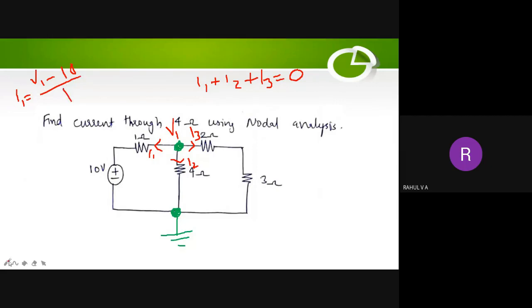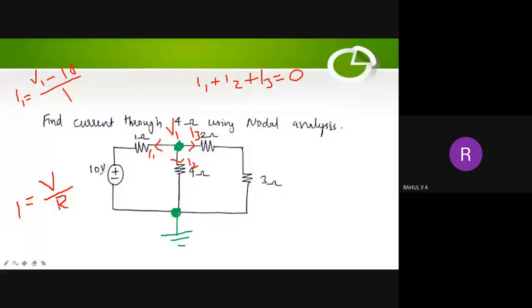We know that current is equal to voltage divided by resistance, and the voltage across the 1 ohm resistor is actually the potential difference. One end of the resistor is connected to V1, and the opposite end is connected to the 10 volt supply.